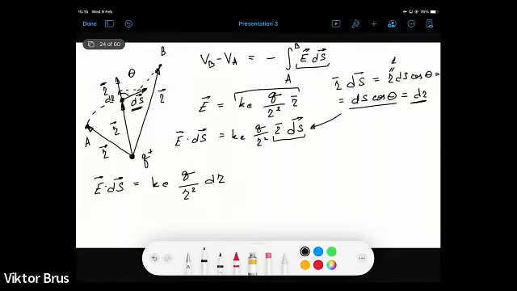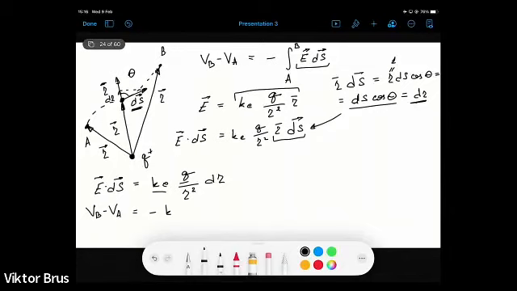Let us do it. We can write that VB minus VA is equal to minus, we can take out from the integral Ke times Q, because this is constant and electric charge is also constant, it doesn't change.